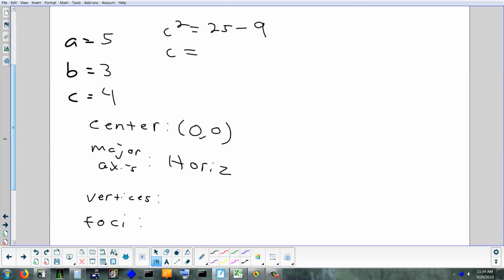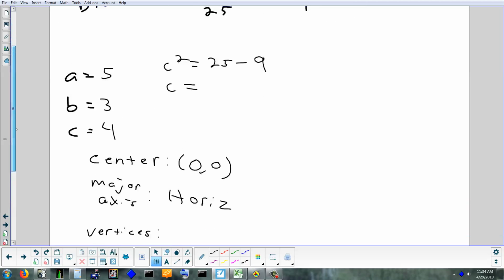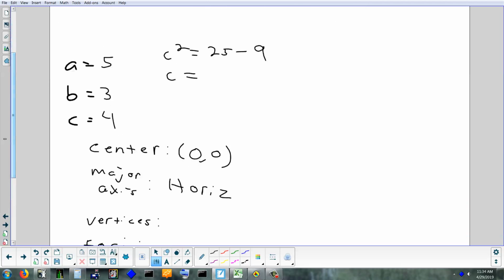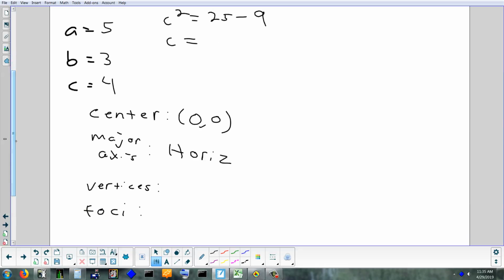So now we can get the last 2 things, the vertices and the foci. Which number here, a, b, or c, tells me something about the vertices? A. It tells me how far away the vertices are from the center. I know they're 5 units away. If that's all you knew, that's not enough.